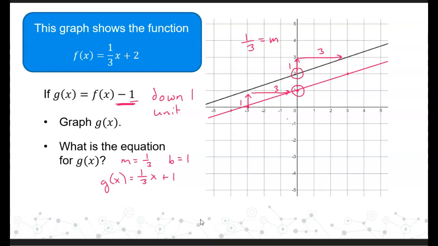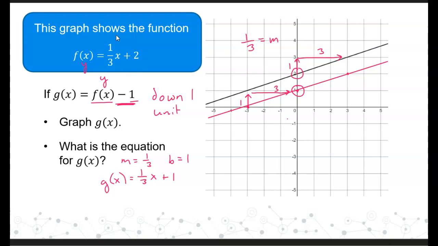But another way we could think about this is algebraically. We could actually use this equation right here, g of x equals f of x minus 1, and we can plug in these values for f of x. Basically, you think of f of x as a variable, right? Remember we said we could think of this as y?